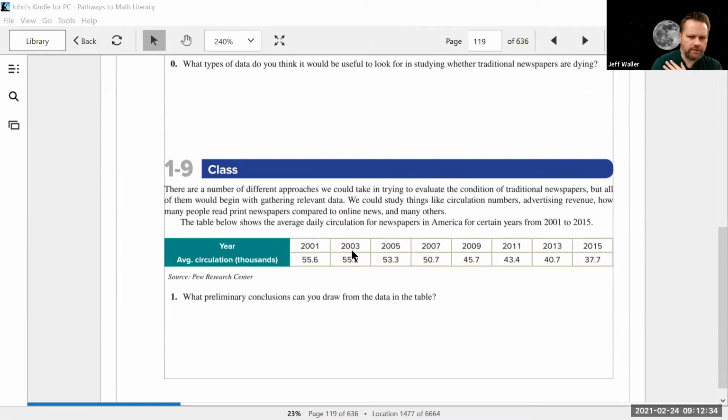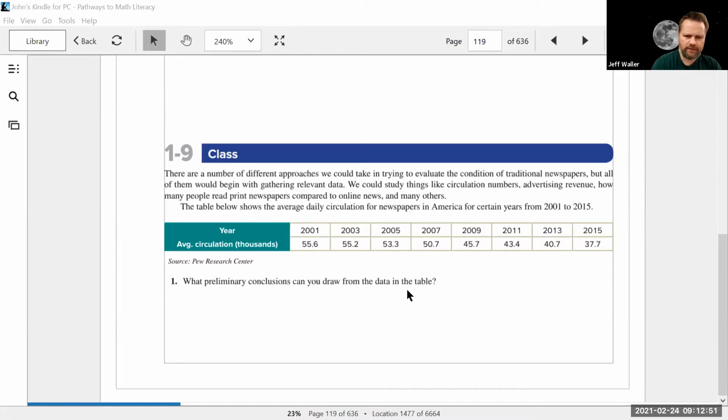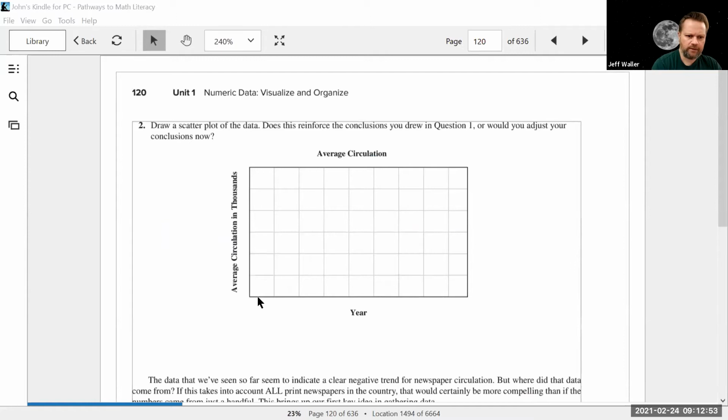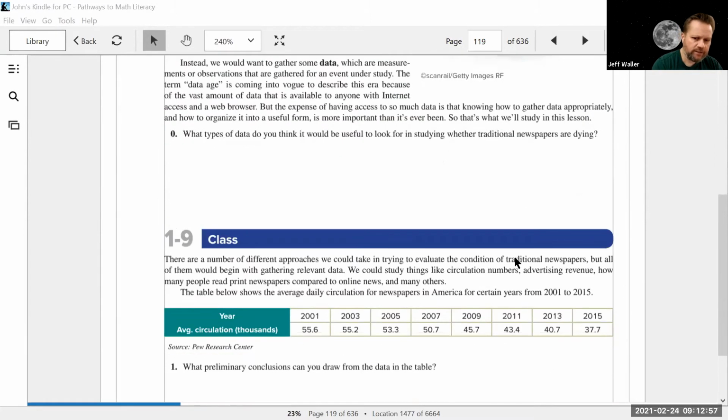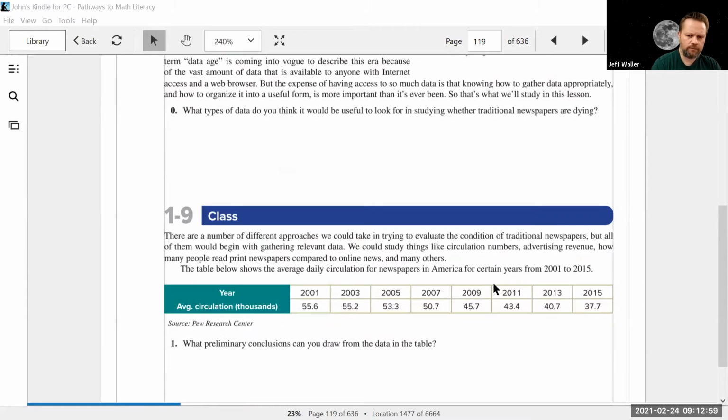Are the years evenly spaced? Do you see what I mean? Are the years evenly spaced? They're 2 years apart. Good. So that would be a good scale for the years, 2001, 2003, 2005. What scale could I use? Let me see if they gave us anything to work with. Here. Now, to be honest, I don't have to start at 0, right?